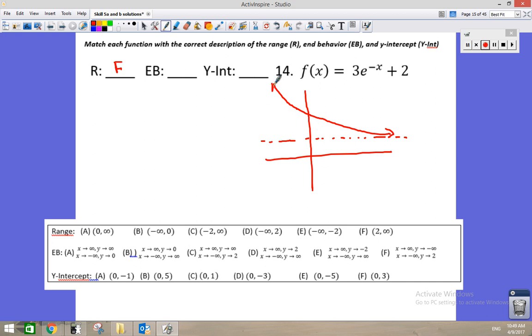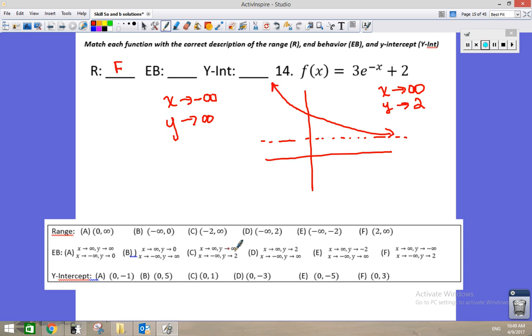Now, the end behavior is a consequence of this reflection. Over here on the left, as x is approaching negative infinity, as you move far away from the origin to the left, the y values are going up towards positive infinity. As you move to the right, as x is getting larger and larger, the y values are getting closer and closer to 2.